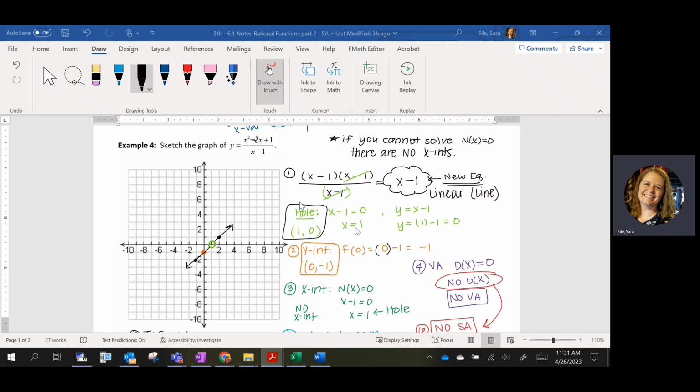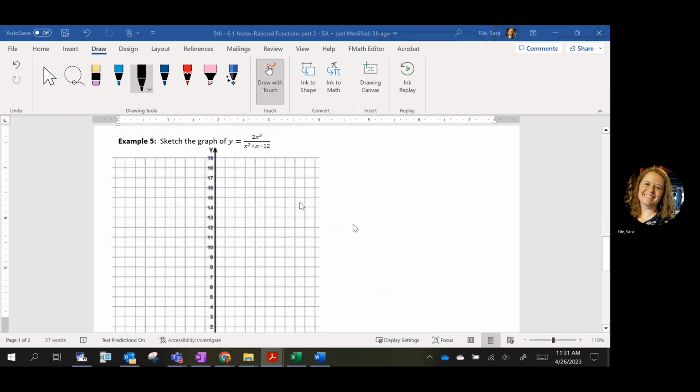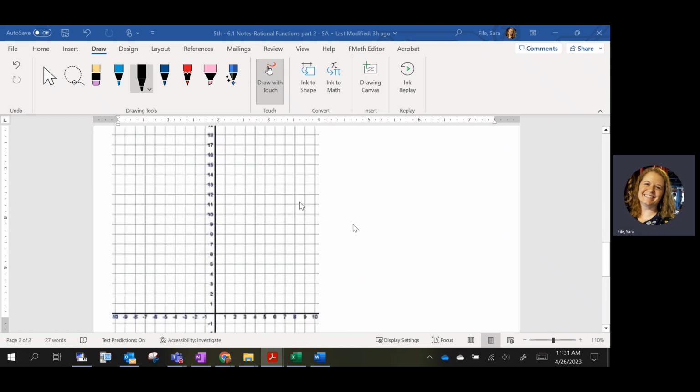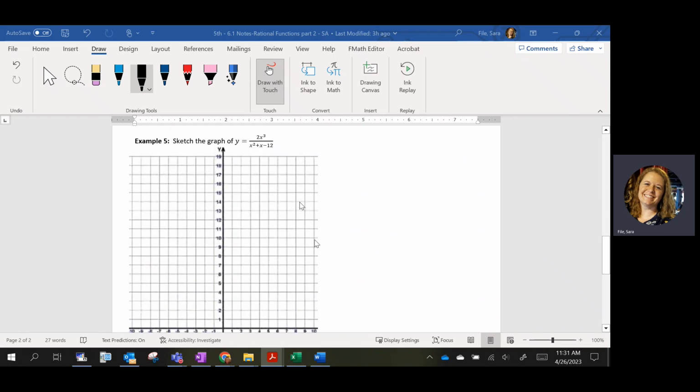All right, last one. This one's a much bigger graph here because we needed some of these higher numbers to plot some points when we get there. So step one, we're going to factor to see if we can simplify. The top does not factor. The bottom does.